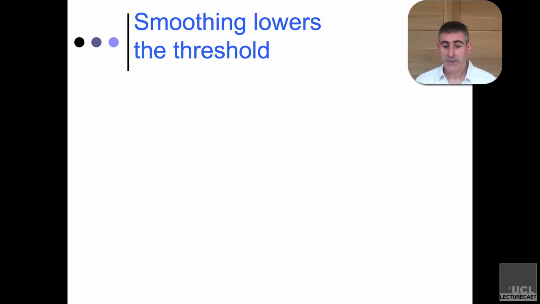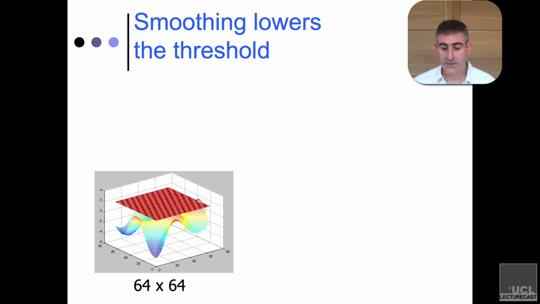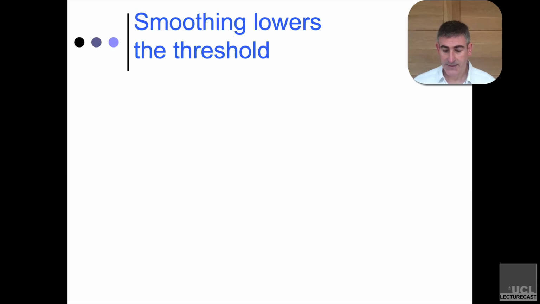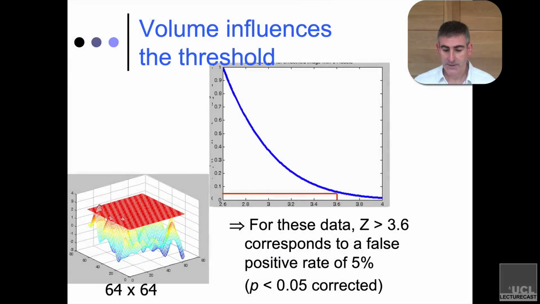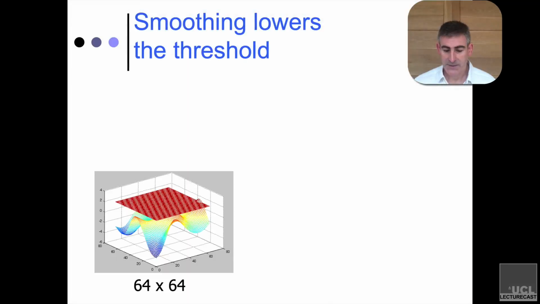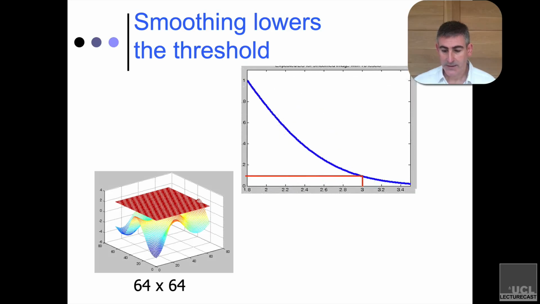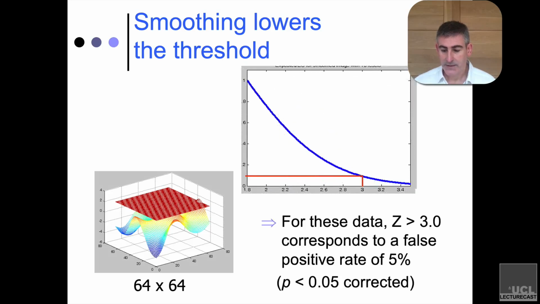Smoothing is also important because the more you smooth the data, the lower the statistical threshold you need. And this again should be fairly obvious from what we've talked about. This is that same 64 by 64. And you can see in the slide before, it's a little bit spiky. Here I've simply smoothed it more. And when you smooth it more and calculate the Euler characteristic, then you find that this makes a big difference to decreasing the statistical threshold.